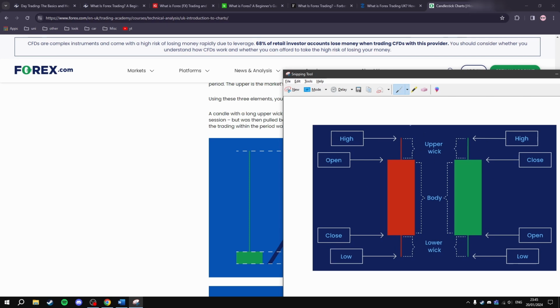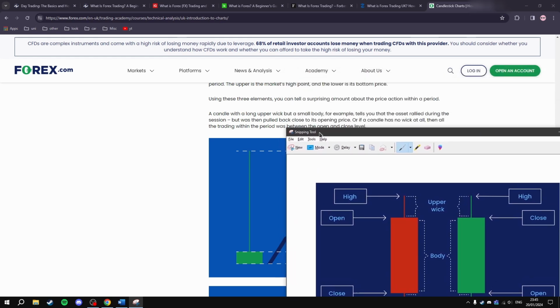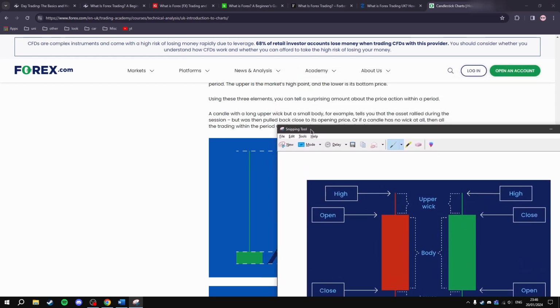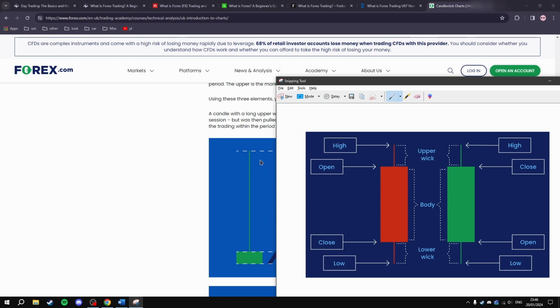So if I say, for example, this is a 5-minute period, then in that 5 minutes it opened and got up to a really high price because loads of people bought it, which increased the demand.